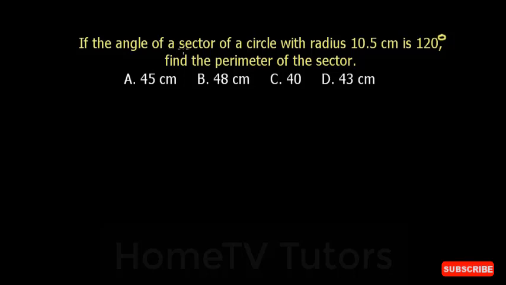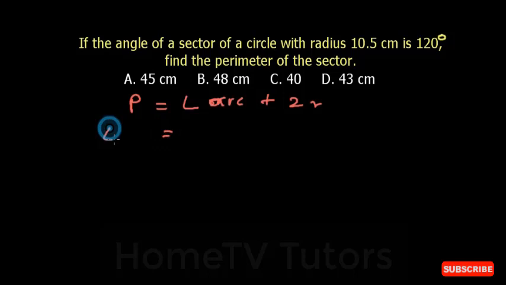If the angle of a sector of a circle with radius 10.5 cm is 120 degrees, find the perimeter of the sector. The perimeter of the sector is equal to the length of the arc plus 2r.